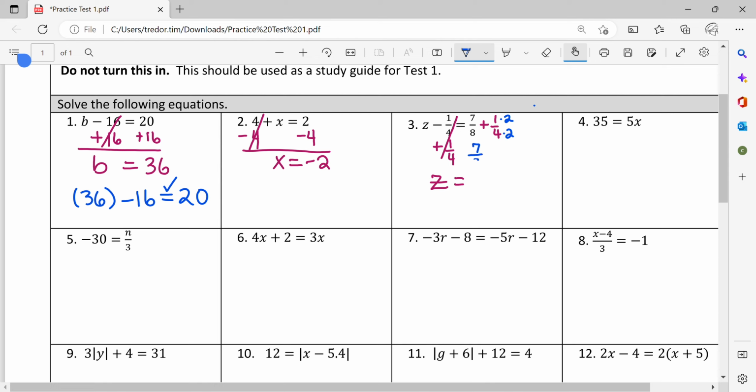So I have 7/8 plus 2/8, which is going to give me 9/8. So let me move this z down a little bit more. And I'll have z equals 7 plus 2 is 9/8.